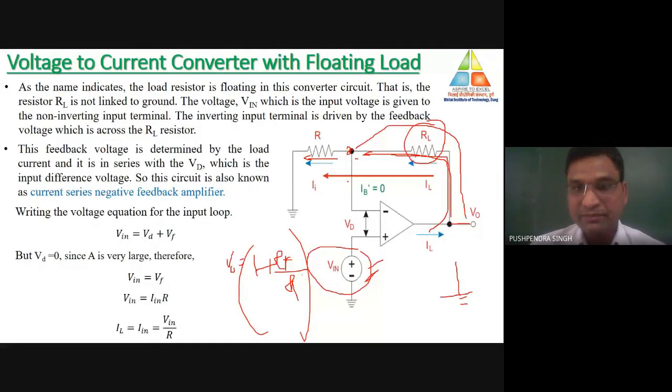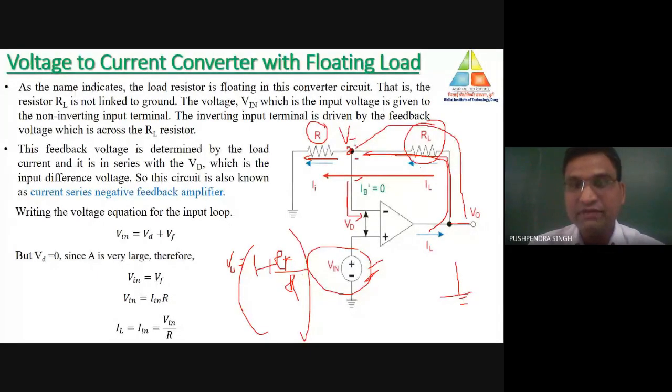Because the input current, or bias current, of the operational amplifier is 0 due to the infinite input impedance of the operational amplifier in ideal condition. So let me assume that this bias current is 0, and then all the load current will flow through the input resistance R. That means the voltage drop across this resistance R will be responsible for the generation of the negative terminal voltage.